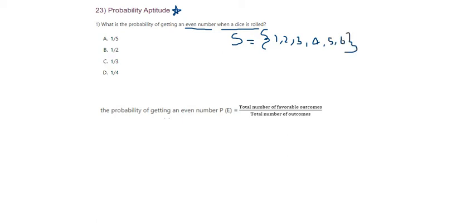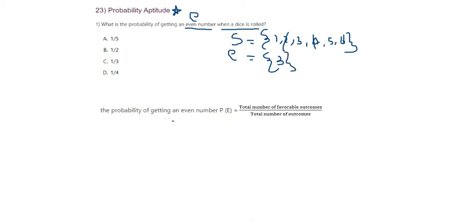So it has 6 sides. It has 1 dot, 2 dots, like that. So what's the probability of getting an even number? I will write even number as E. How many times can you get an even number? 1, 2 and 3. So 3 is your even number count here.